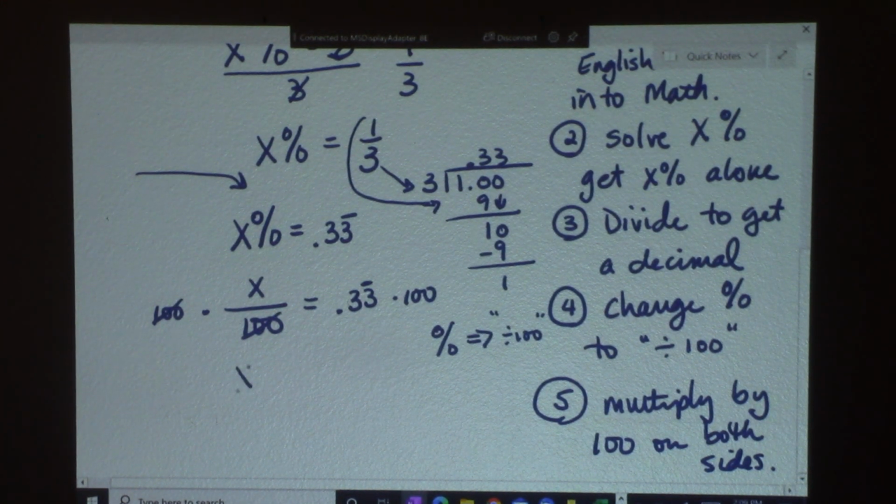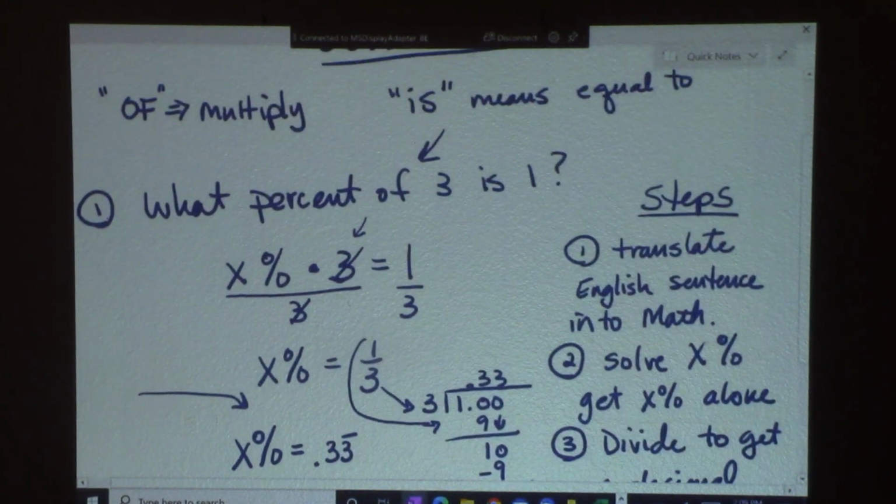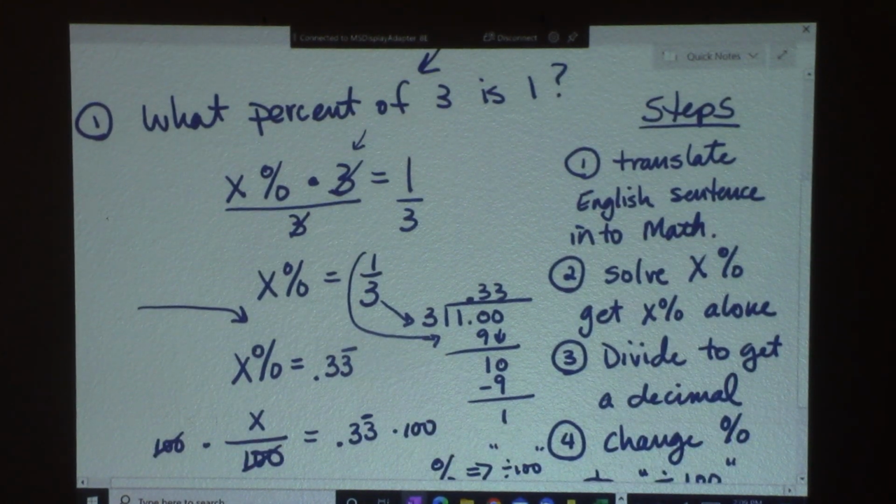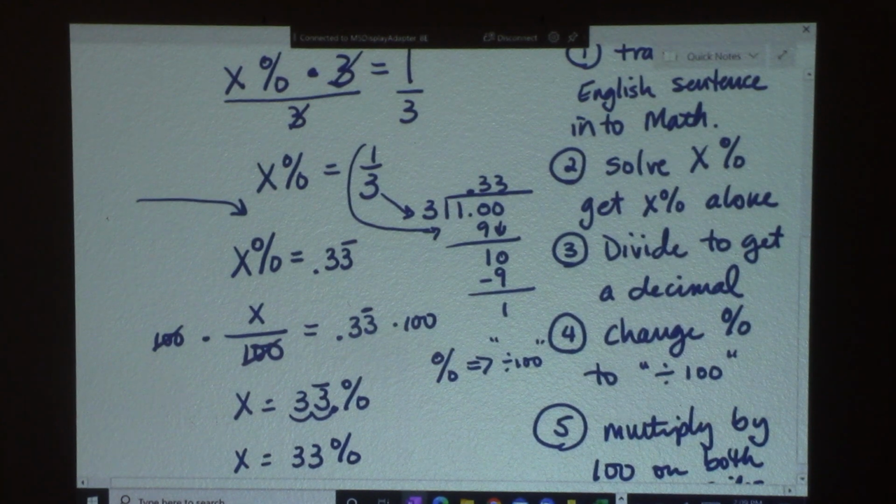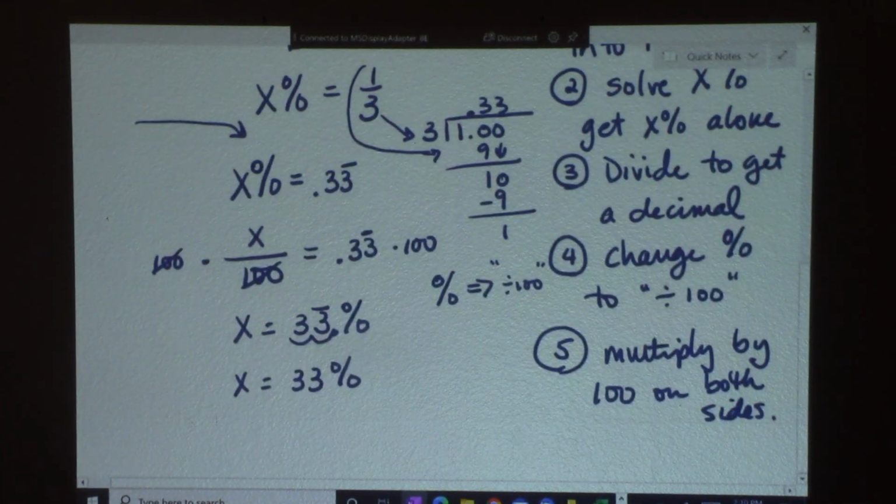So I get x equals, and when I multiply by 100, all that does is move my decimal over 2 places. So now it's here. So I actually have 33, I can just write 33%. Okay? So the question is, let's go back to the top, what percent of 3 is 1? So what is 1/3 as a percent? It's 33%, and that's my answer.